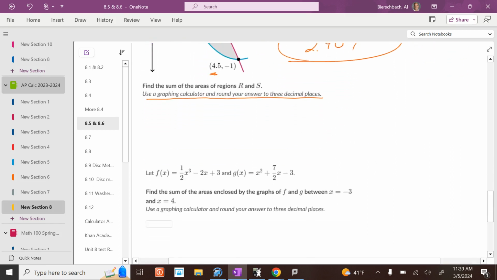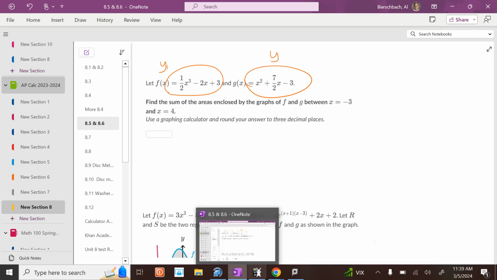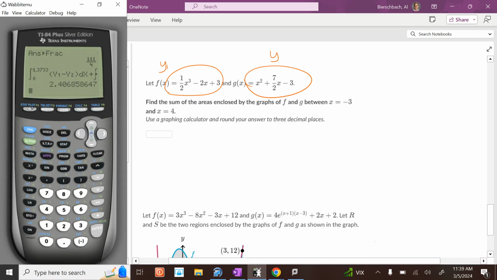So, graphing calculator. Here's another one. Put this under y1, put this under y2, and look at what happens between -3 and 4. Clear. Clear.